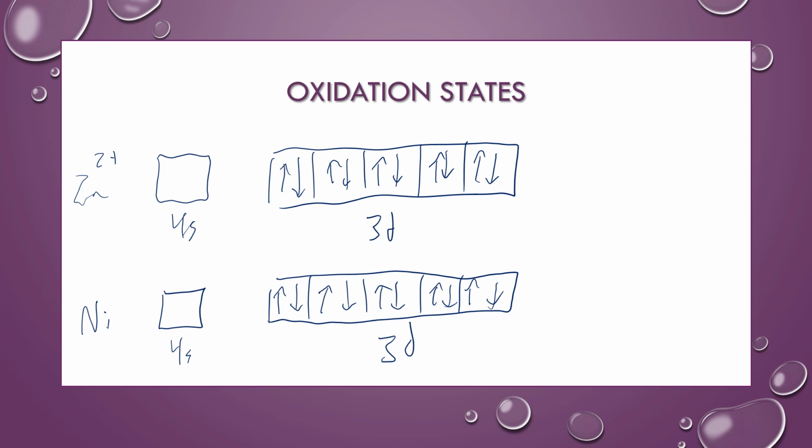However, when it forms an ion, it can form a number of different ions. Nickel can actually form a 2+ ion, it can form a 3+ ion, it can form a 4+ ion. Now some of these are more common than others, but that's because if it's losing two electrons, it can lose the two electrons there. And the electrons that are remaining when it's a 2+ ion can move around.